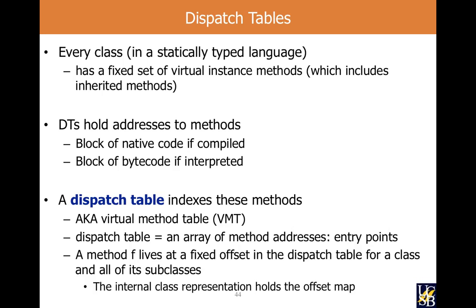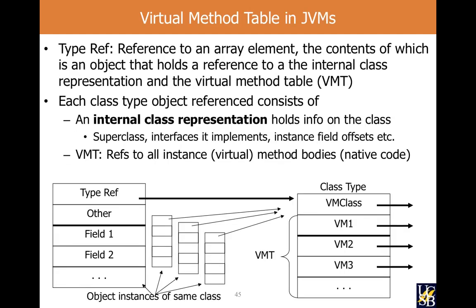Again, this is just a table that holds all of the addresses of the methods that are defined in the class as instance methods that are dynamically dispatched. We could put these addresses in the object itself, but there's a difference between the addresses of methods and fields. Fields are modified. They're read and written and can change over time.